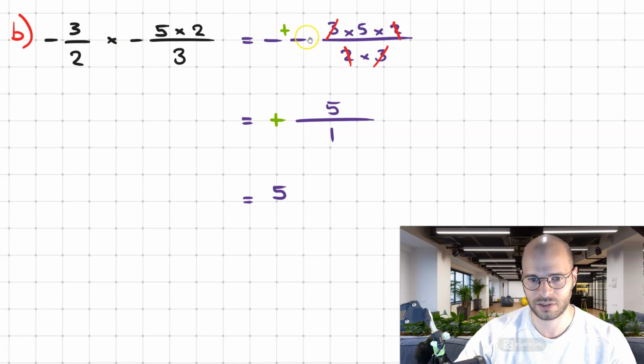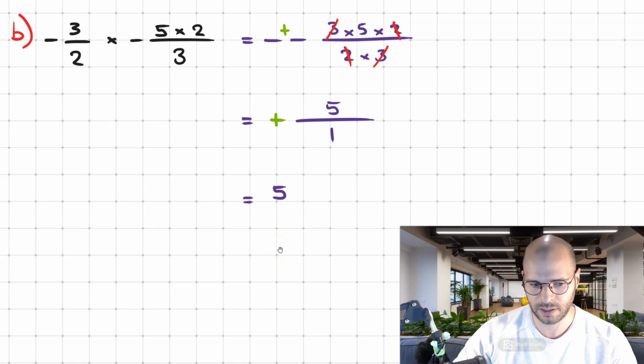Move the negatives out all the way to the left, then gather all your numerators, multiply them together, gather all your denominators, multiply them together. If along the way you have double up between numerator and denominator, you are allowed to cancel them out, which simplifies the multiplication.